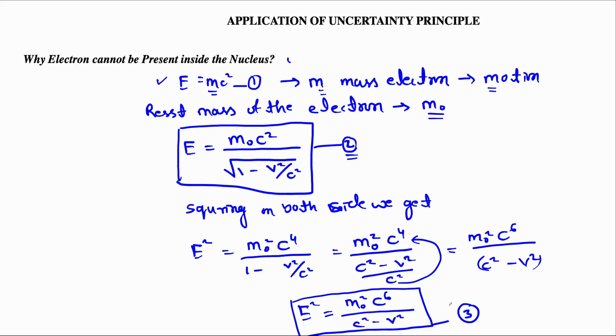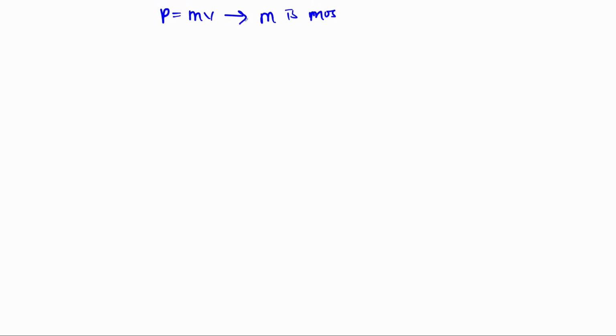Once we got this equation, let us take momentum, that is p is equal to m into v. Now here we know the meaning of m. M is the mass of the particle when v is not equal to 0.